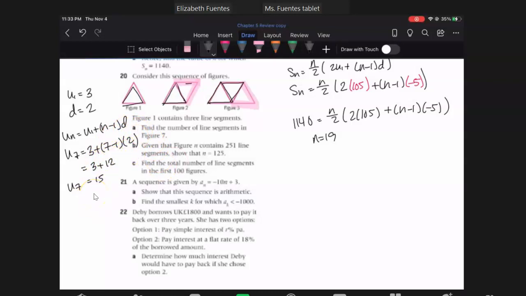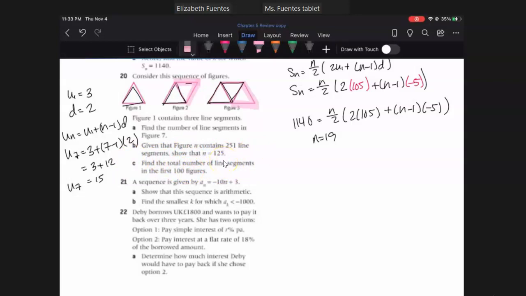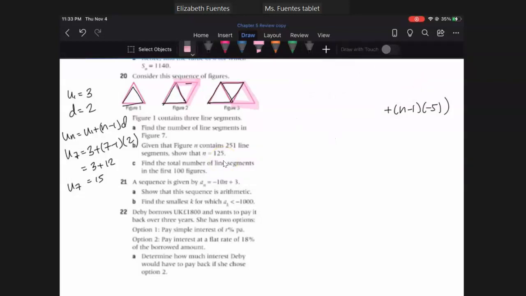Part B says, given the figure n contains 251 lines, show that n equals 125. For this one, you cannot use nsolve because you have to prove it. So let me erase this from the last one. And you need to use your general formula.